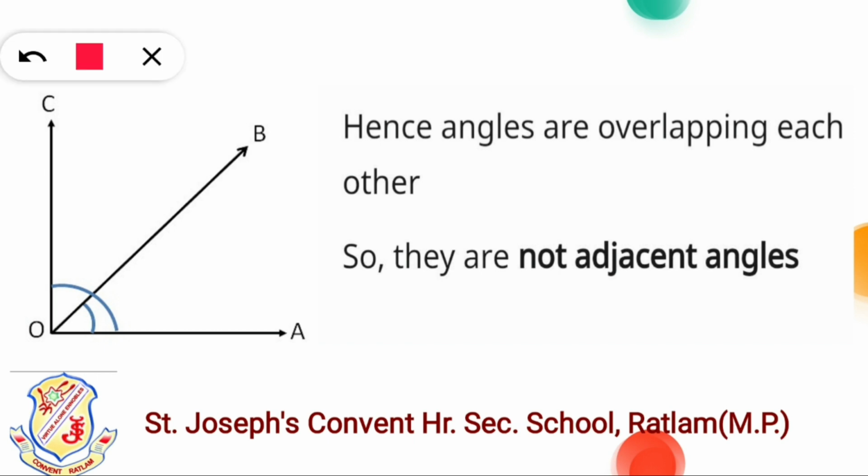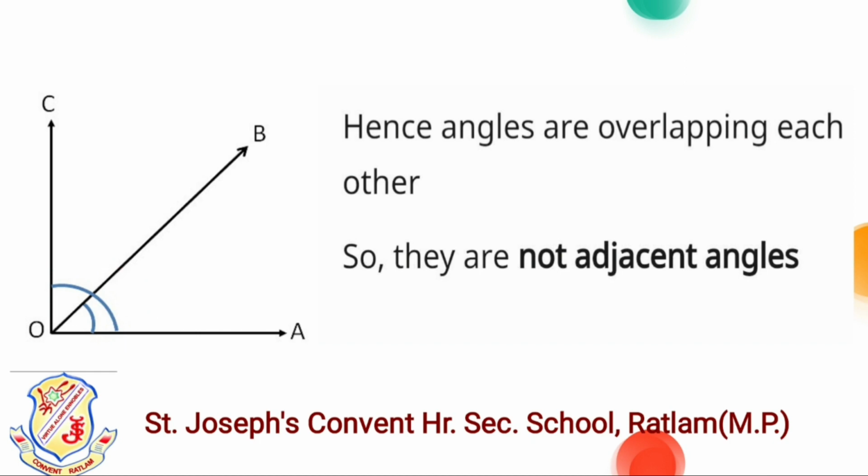Since in this figure you can see angle COA is completely overlapping this other angle, that is BOA. It means it is hiding this angle, or we can say angle BOA is coming inside the angle COA. Hence, we cannot call these angles adjacent angles.